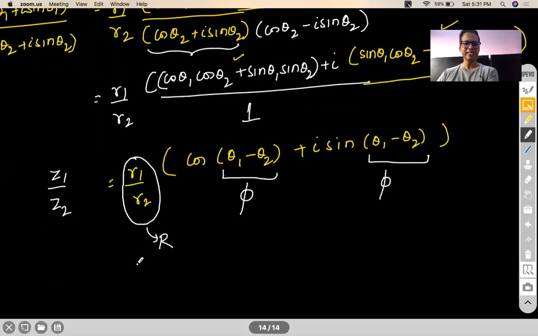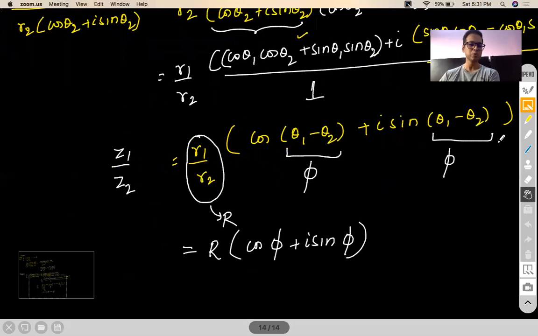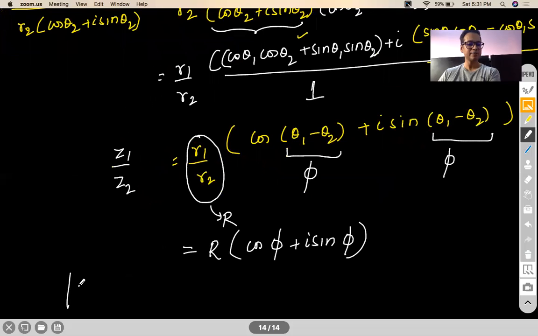So if you treat this as if you have written r cos phi plus i sin phi, then you can claim that your r is nothing but r1 by r2. So your r, which is the modulus of this answer. See, z1 by z2 gives you a complex number only, right?